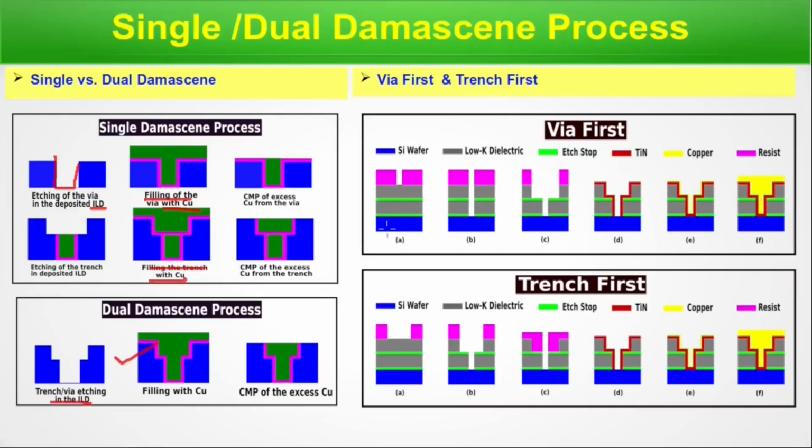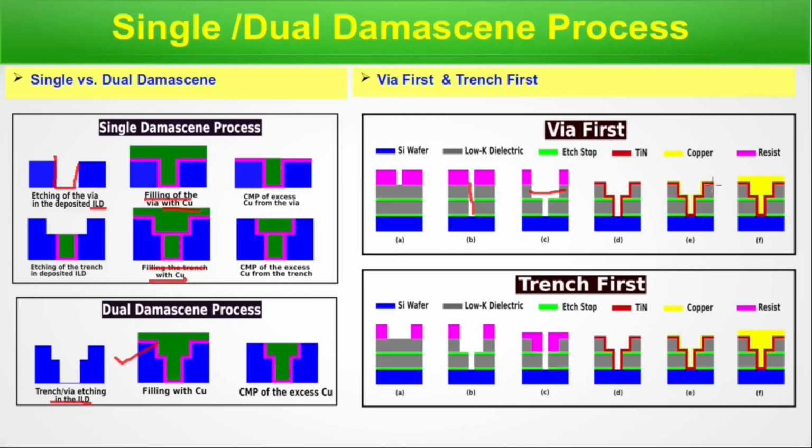Here we can see the silicon wafer, in between that a low-K dielectric is there, etch stop layers are there, and a resist layer is there. First the via is etched out from here, then the trench. First the via is etched, then the trench is etched, and then a TiN, titanium nitride layer is deposited, then a seed copper layer which is needed for electroplating of copper.